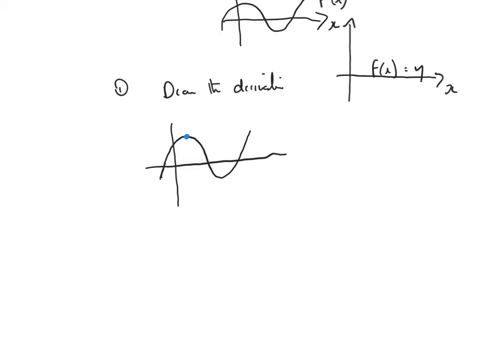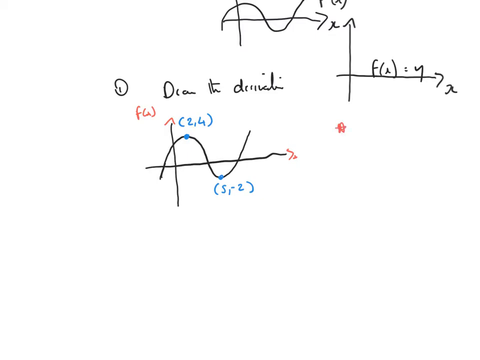I'm going to say that the turning point up here is the maximum turning point, and I'm going to say that that turning point is 2, 4, and that this turning point here is 5, minus 2. Okay. And it's f of x versus x. Now what we're going to draw is f dash x versus x.